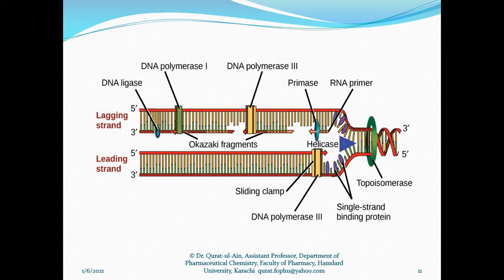Then after that, another enzyme, the primase enzyme, synthesizes a small primer on the template strand. What is the purpose of this primer? A primer is a short piece of DNA consisting of a few nucleotides.